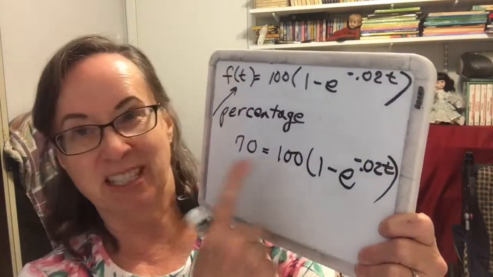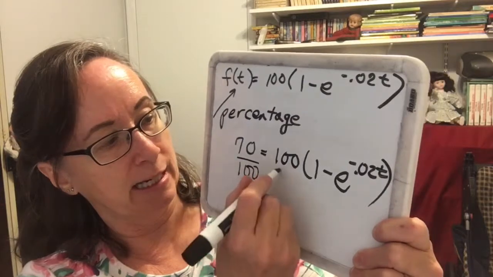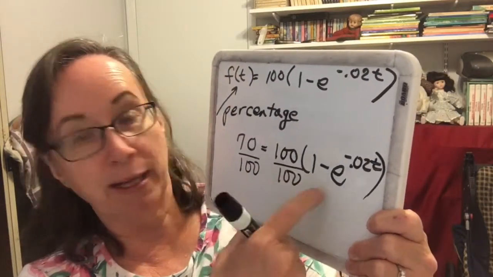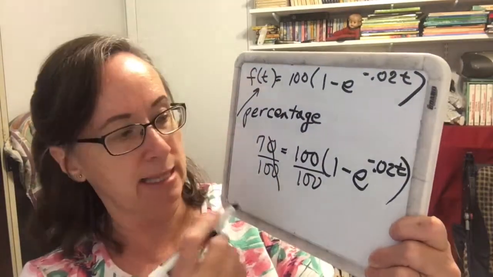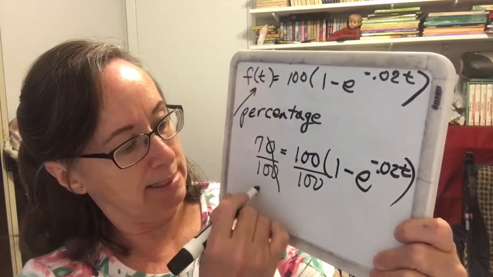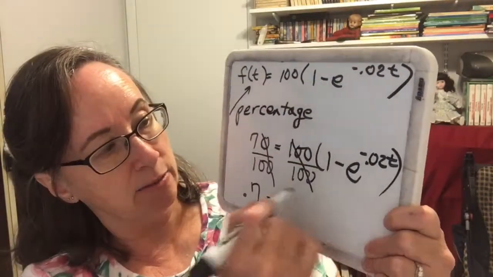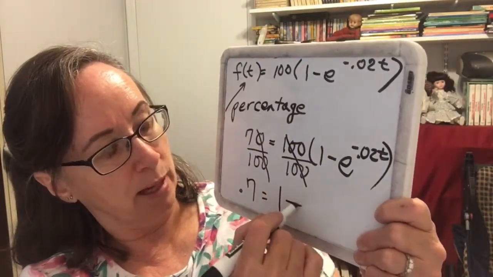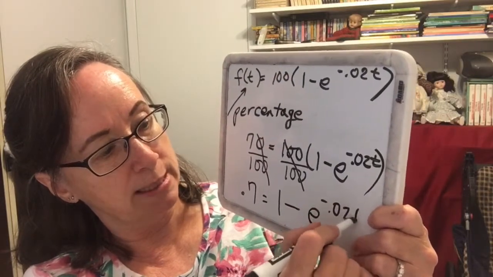I'm going to divide both sides by 100, which makes it a little bit easier to enter in. This side just becomes 0.7, so I'll have 0.7 on the left. On the right, I'm going to have 1 minus e to the negative 0.02t.